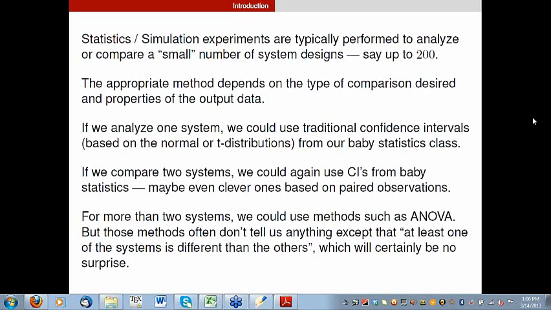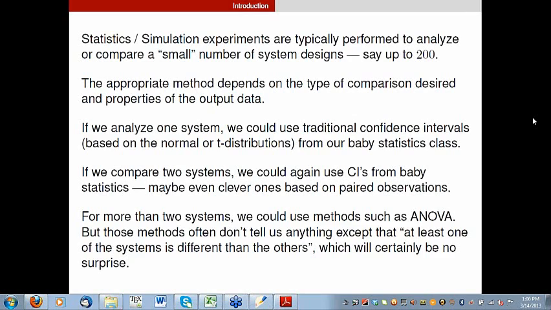The first example I always talk about is at the Guinness beer factory in the early 1900s. They were very concerned about quality control in their product, and so somebody had to sample lots of the product, and they would take a number of readings, and then they would perform hypothesis tests to see if the beer was conforming to whatever standard they had. So that's analyzing one system.